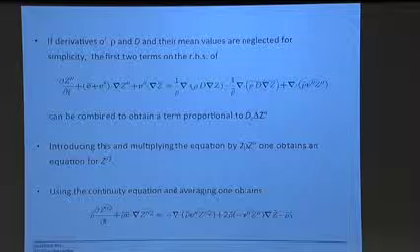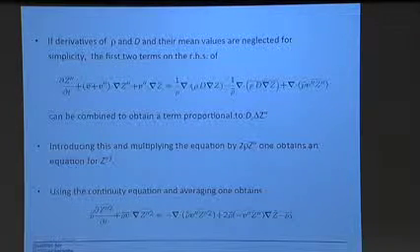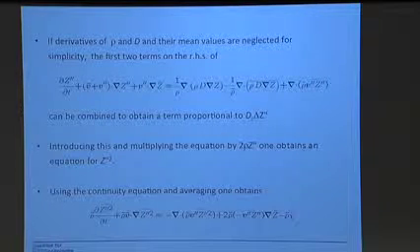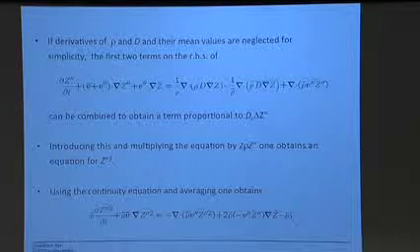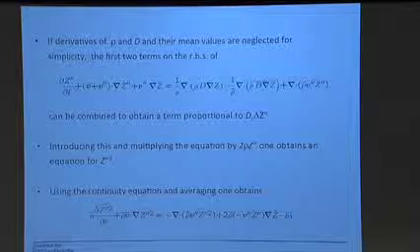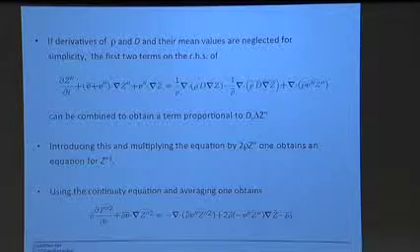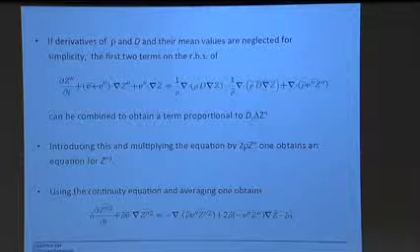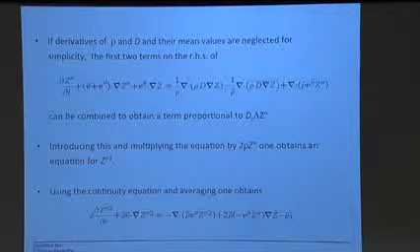You multiply this by z prime, and then you see you get an equation here for 1/2 z prime squared. Okay? And you average this, and this gives you an equation here for the variance of mixture fraction, or the fluctuation squared of mixture fraction.